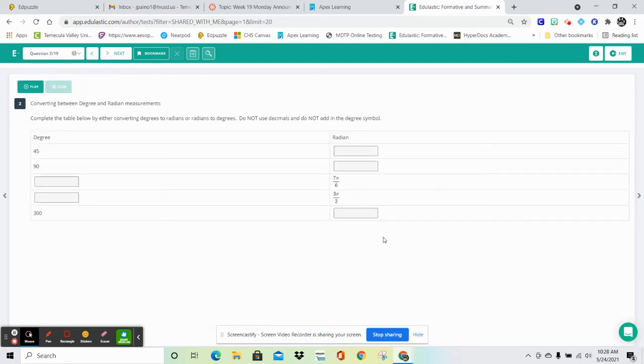Converting between degrees and radians. I just kind of talked about this. What's the rule? Whatever your degree is times pi over 180 is going to equal your radian.